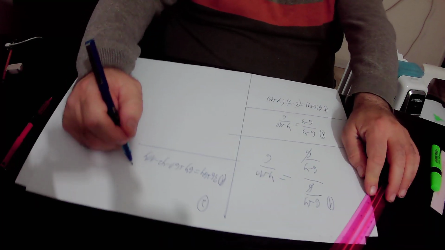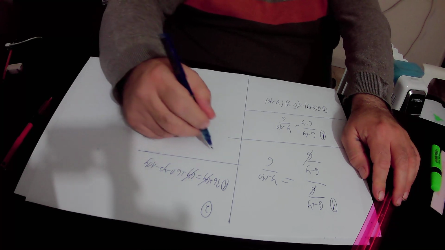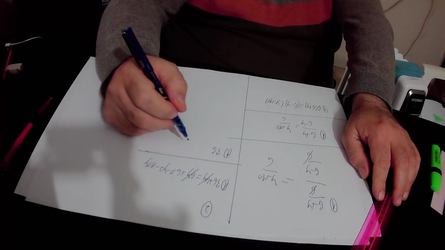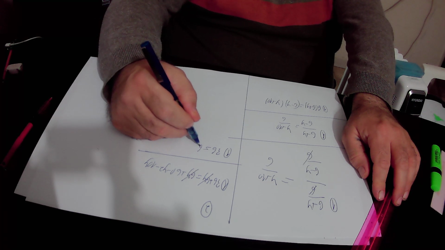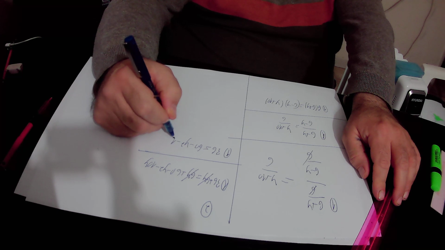So here we have 6y on both sides, so 6y will get cancelled, and we are left with 36 equals 60 minus y squared minus 10y.